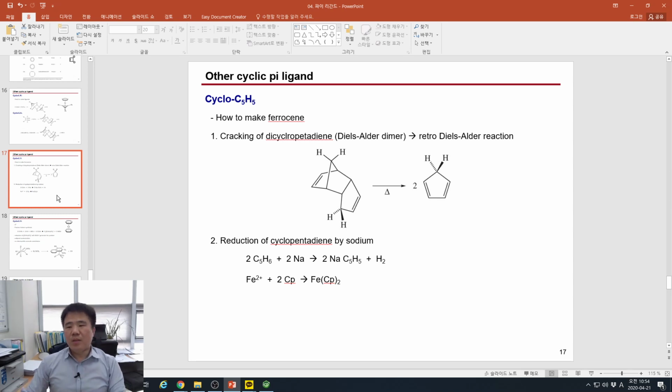Okay, then how to make the cyclopentadienyl ligand? The cyclopentadienyl ligand can be generated from cyclopentadiene.